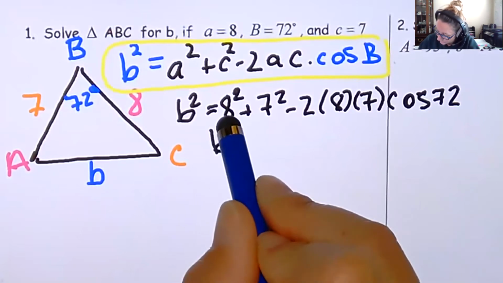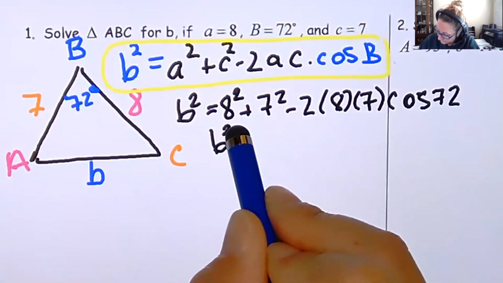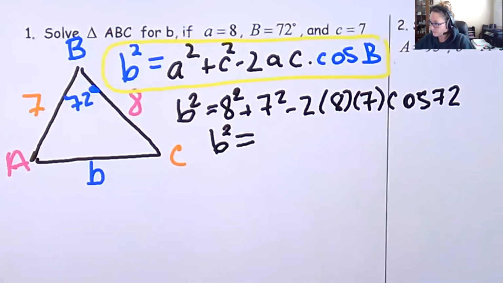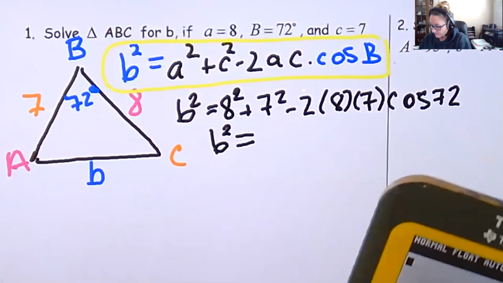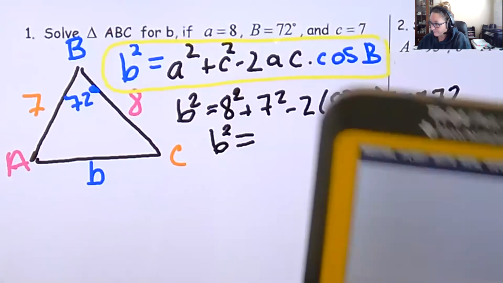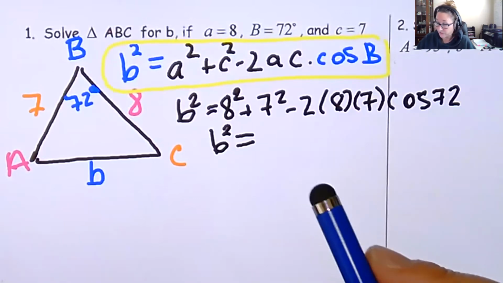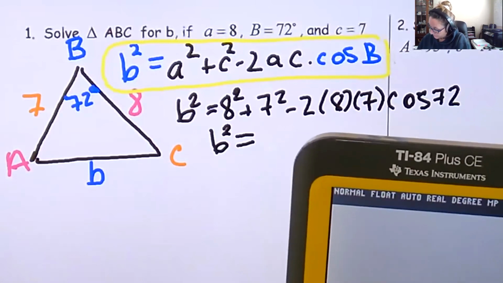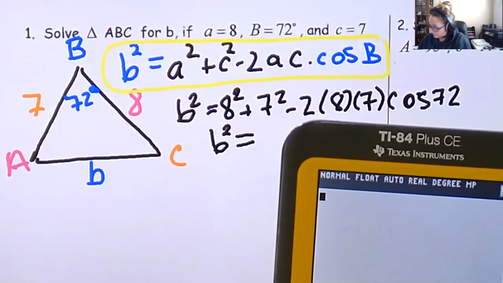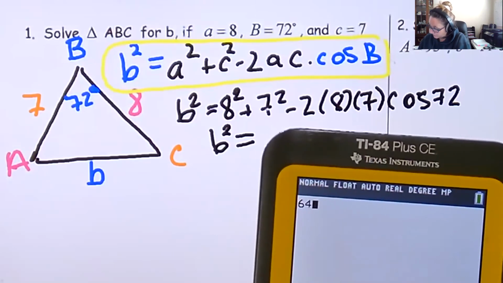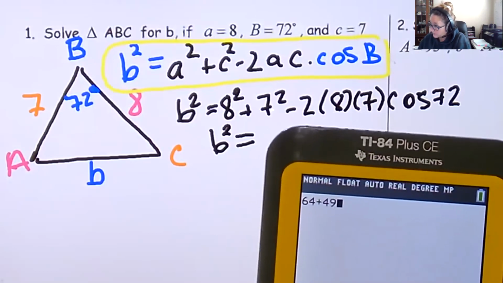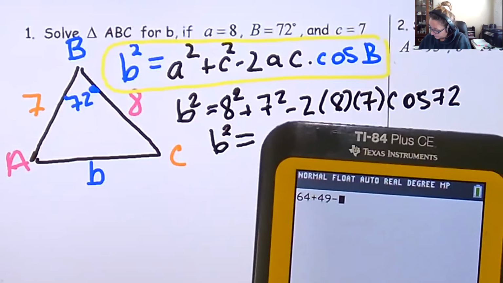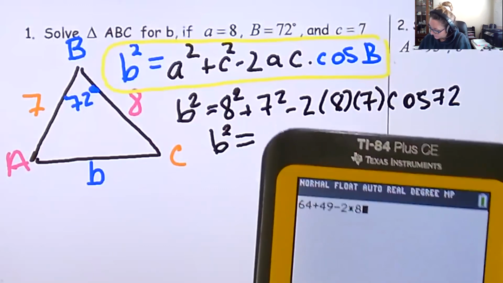So I'm going to go b squared is equal to, and I'm going to put that into my calculator. I am going to be taking the square root of this in a second, so I need to remember that. So I'm going to type in 8 squared, 64, plus 49, which is 7 squared, minus 2 times 8 times 7.